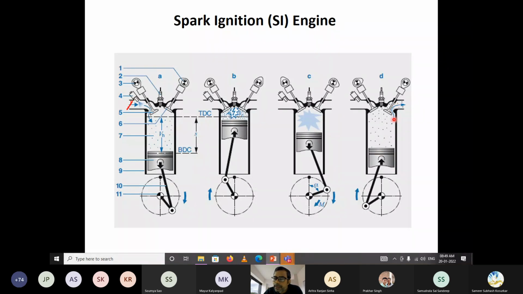When the piston is about to reach the top dead center during the exhaust stroke, the intake valve is going to open.